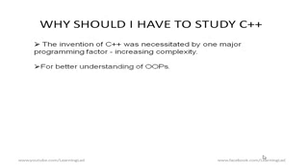And for better understanding of OOPS, some people say that C++ is the best language to learn the object-oriented programming approach. The next one is efficiency. C++ is very efficient. If we talk about the speed of execution, C++ is very close to the execution speed of C. So C++ allows much more features than C, and is also very near to the execution speed of C. And that's why C++ is going to be our choice.